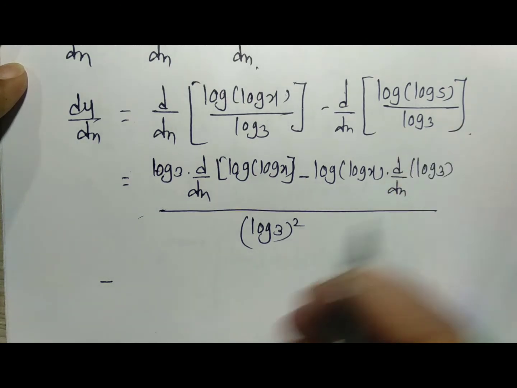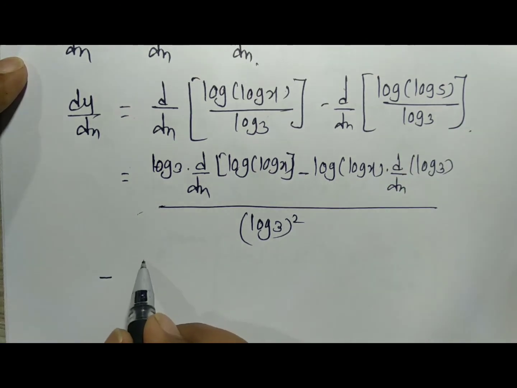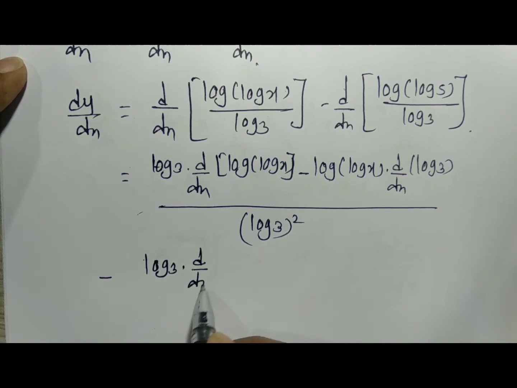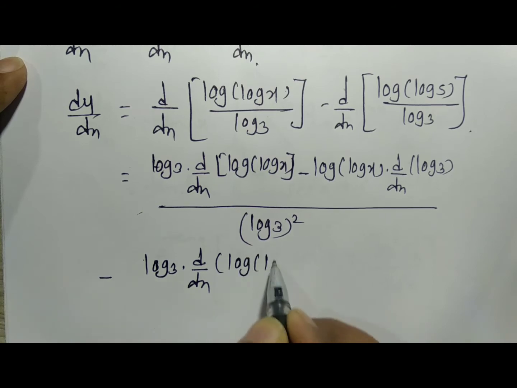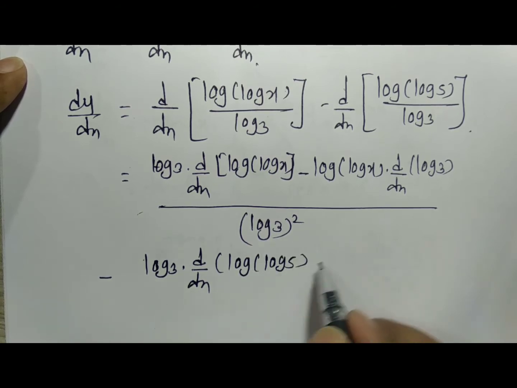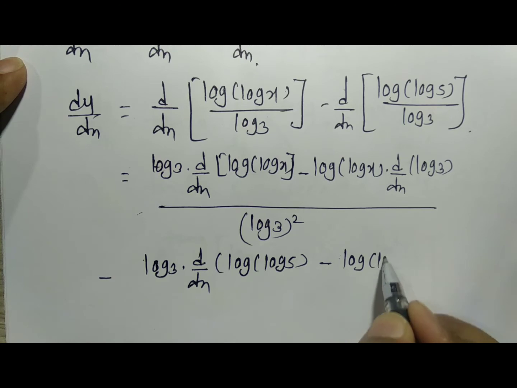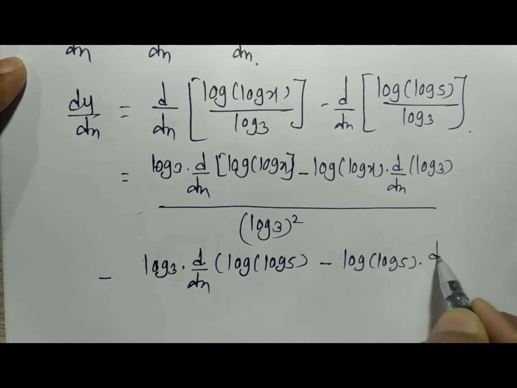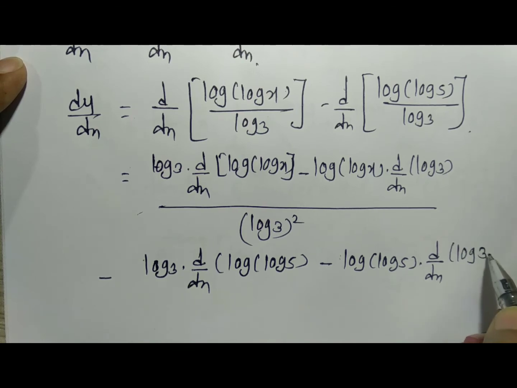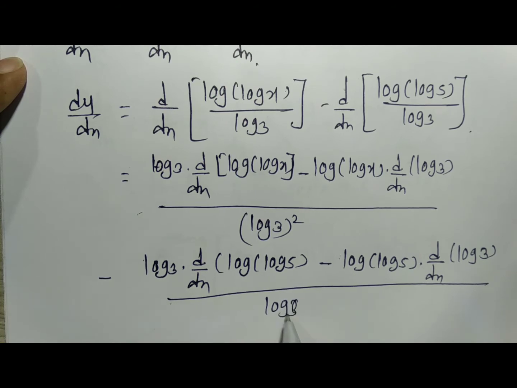And then taking the minus of the derivative of this one by using the same procedure: denominator as it is, and taking the derivative of the numerator log 5, minus numerator as it is, that means log 5 into d dx of log 3, and divided by log 3 square is here.